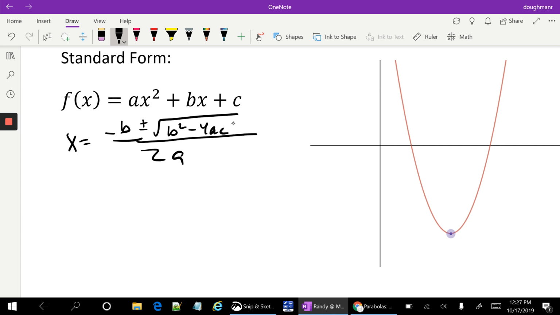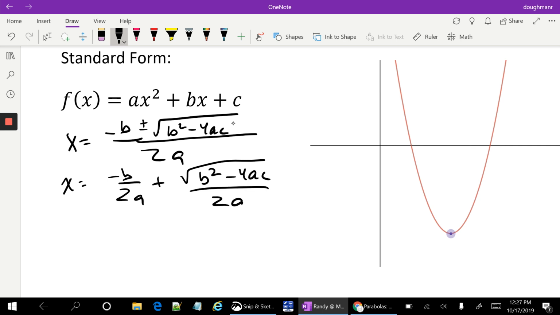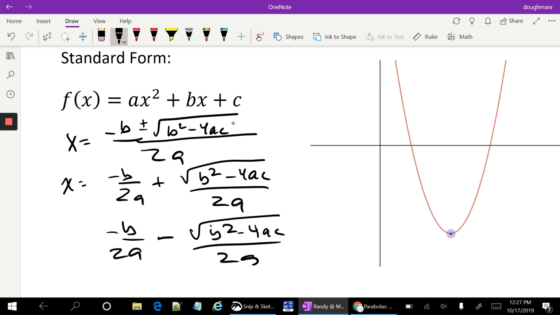Well, let's analyze this. I'm going to break this into parts. It's the opposite of b over 2a plus the square root of b squared minus 4ac all over 2a. And it's the same thing, the opposite of b over 2a minus the square root of b squared minus 4ac all over 2a. Okay, so let's think about this.